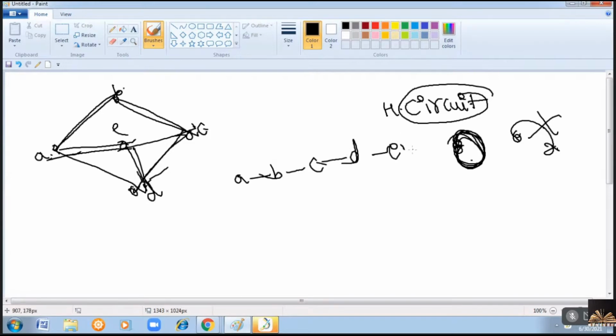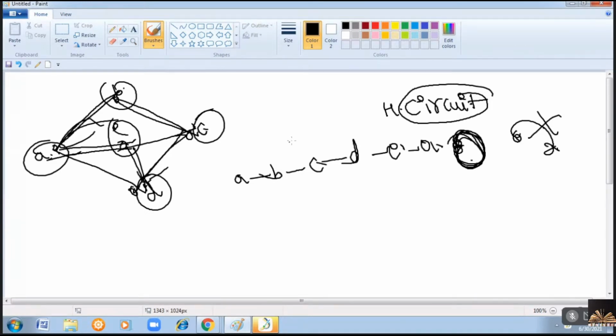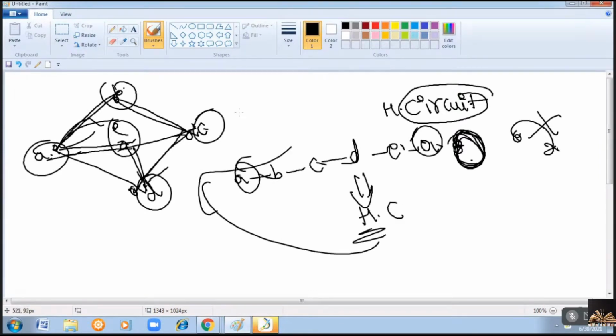Every vertex is visited, and you have come back to the starting vertex. Therefore, it is a Hamilton circuit and the graph is a Hamilton graph.